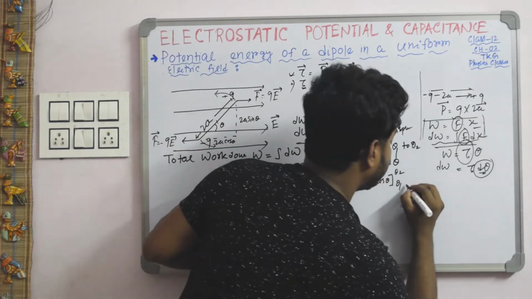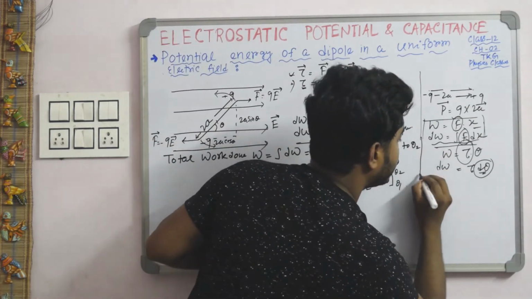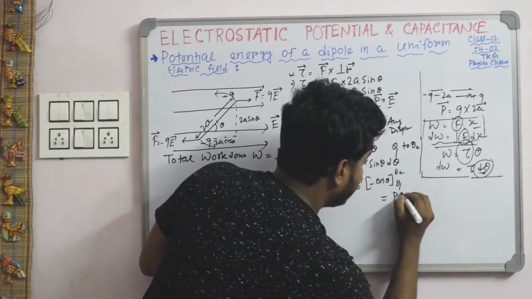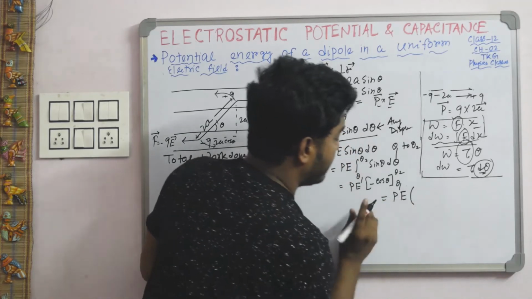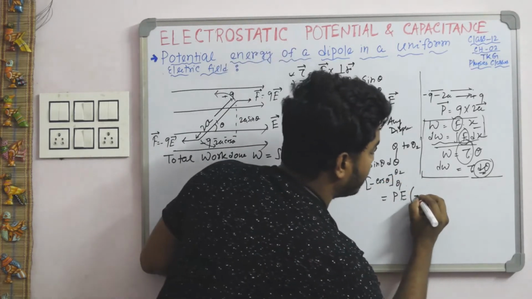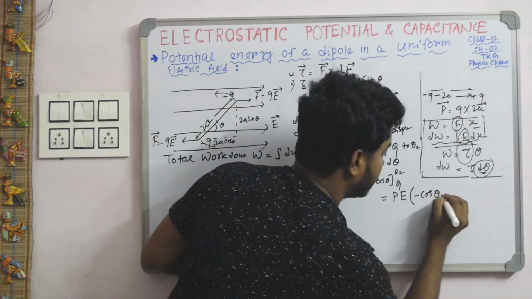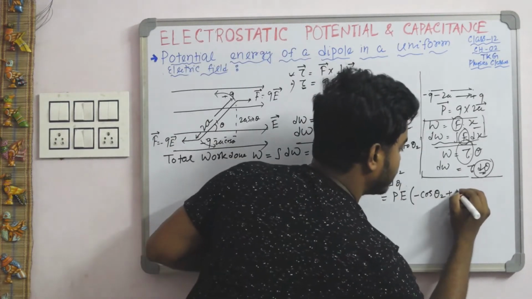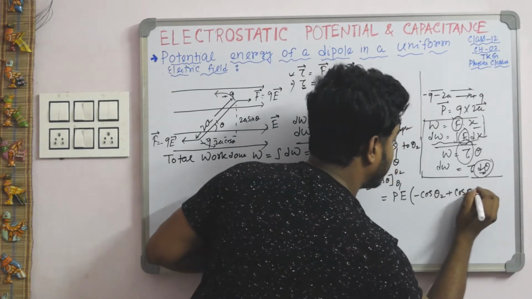Now putting the limits, that is PE times minus cos theta 2, then minus of minus, that is plus cos theta 1.